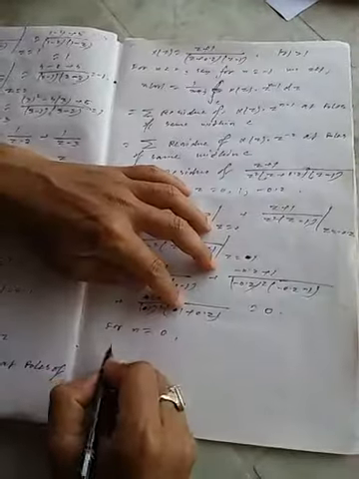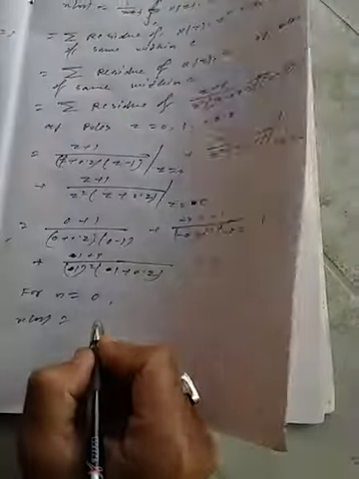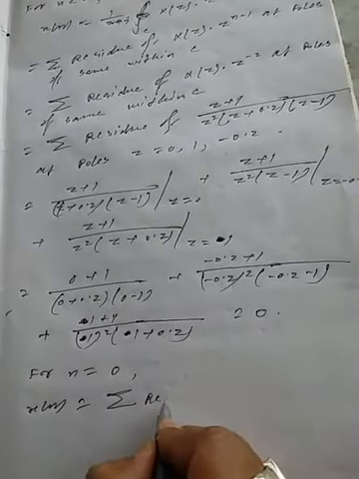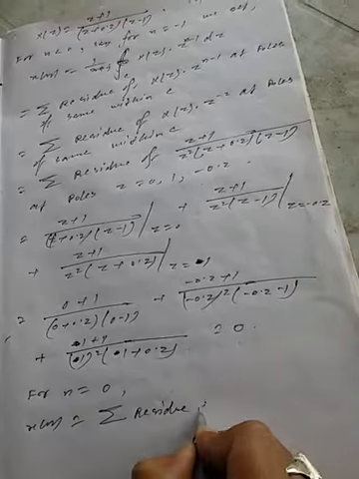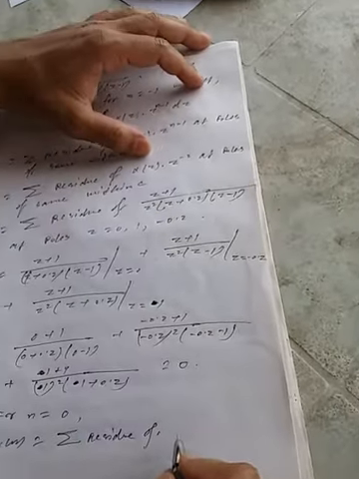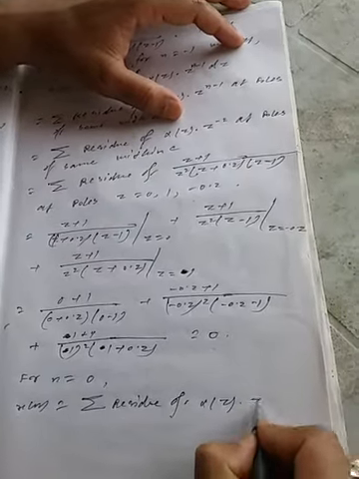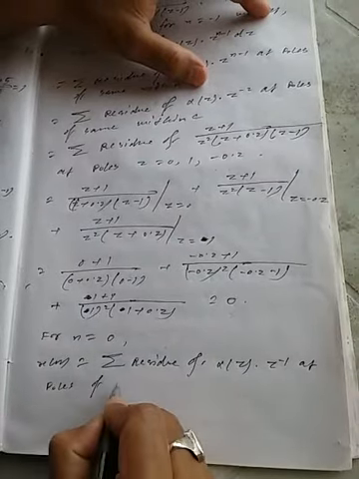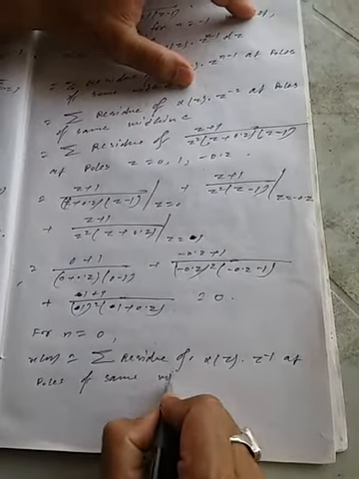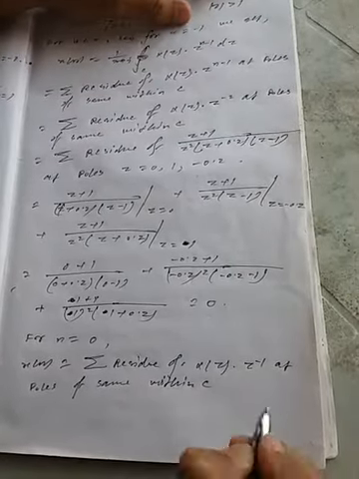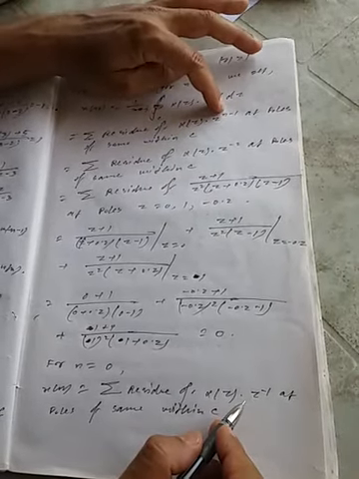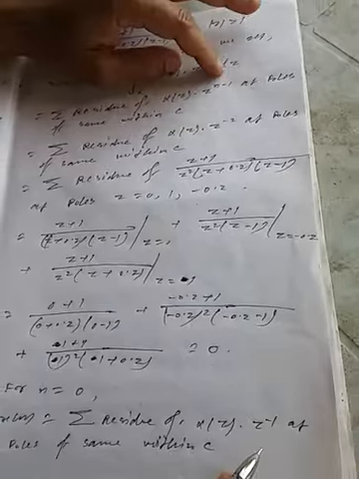So for n equal to 0, the value of xn will be equal to xn equal to sum of residue of this portion, X(z) into z to the power minus 1, at poles of same within C, because here I am putting n equal to 0, so n is 0 and this will be equal to z to the power minus 1, right?